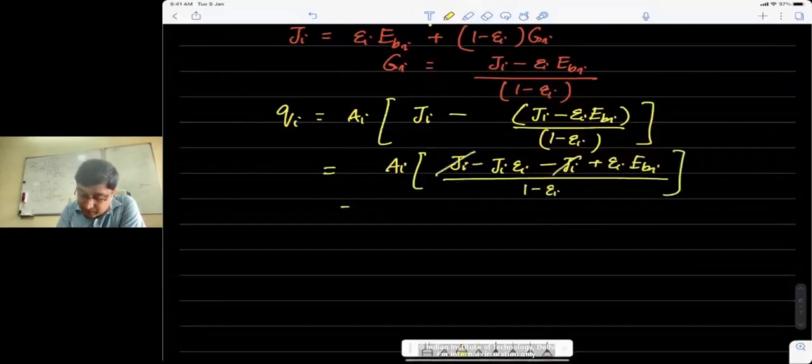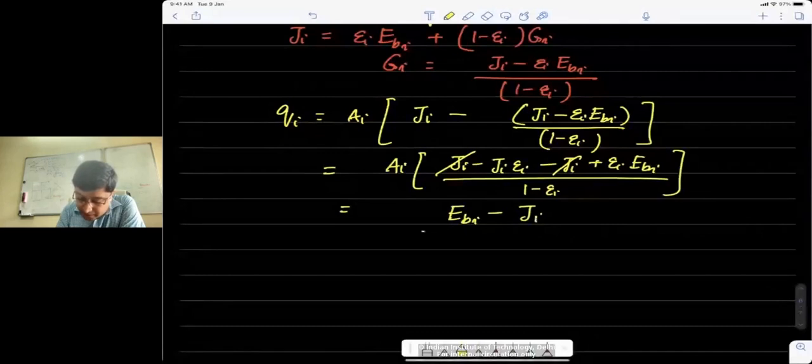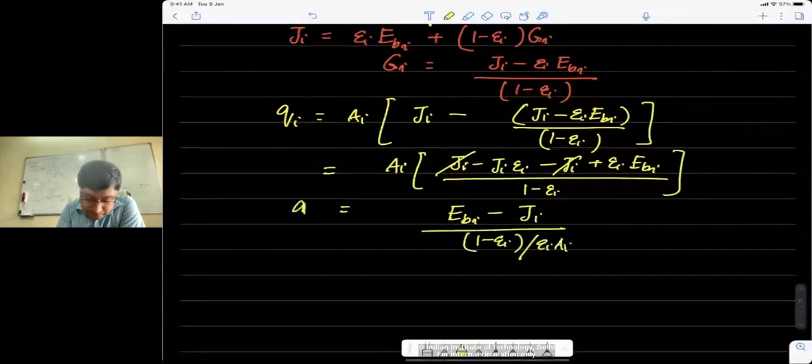So this cancels, and I can pull out epsilon i. So we'll get this as Ebi minus Ji, divided by (1 minus epsilon i) by (epsilon i Ai).